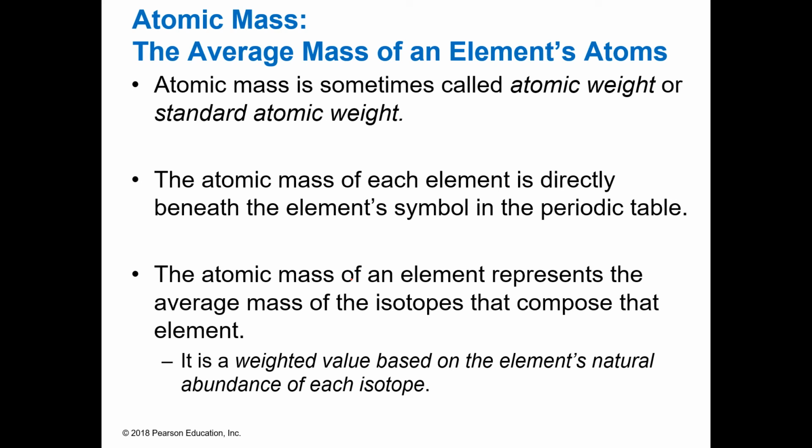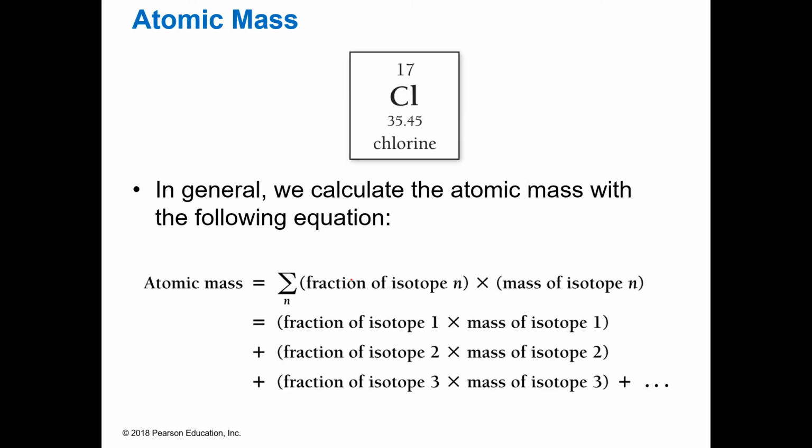So for example, we're going to look at chlorine. Chlorine has three isotopes as well. And I can calculate this mass number, our weighted average, by using this formula.